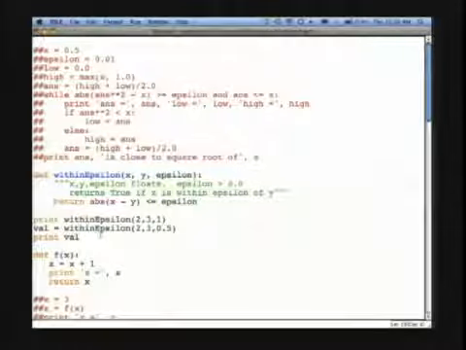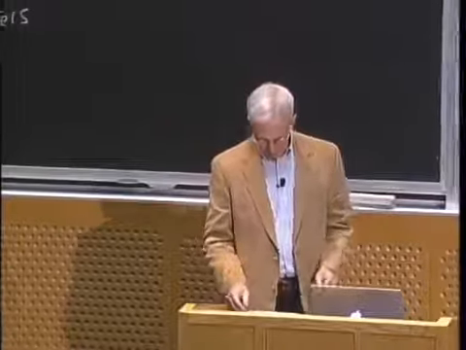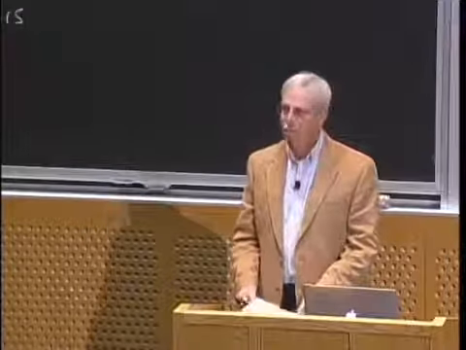Notice that when I look at the code down here, it's easy to read. I'm printing within epsilon 2, 3, and 1. And I don't have to decode this to tell me that that's what it's doing. So if I have a function and I choose the names properly, code that uses the function is much easier to read. And that can be a big value.